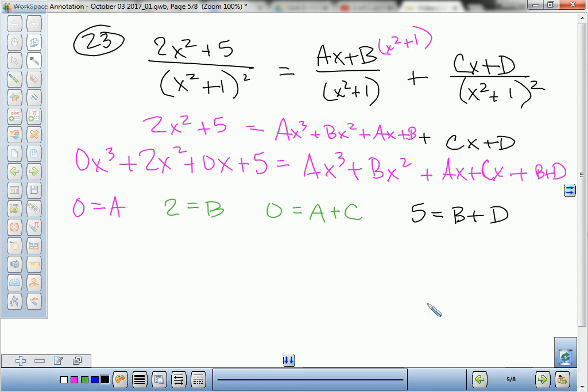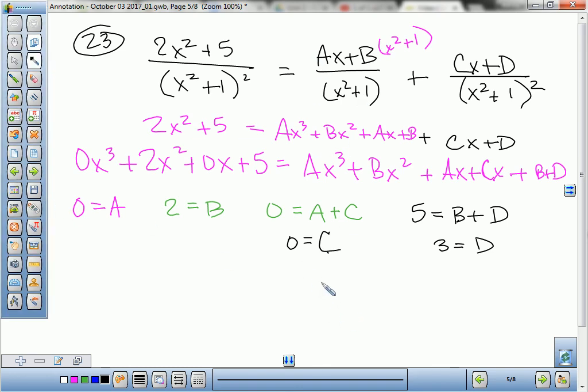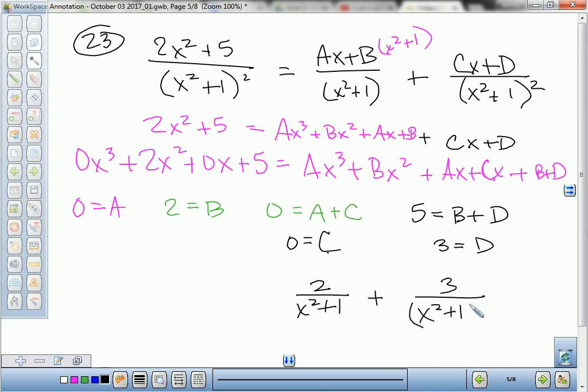Gotcha. So if a is 0, c is 0 also. And then if b is 2, d is 3. That means I made a mistake, and I didn't get the right answer. So a and c were both 0. So we have 2 over x squared plus 1 plus 3 quantity over x squared plus 1 quantity squared.